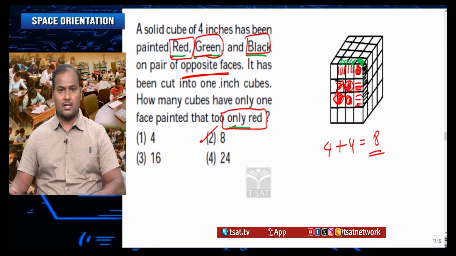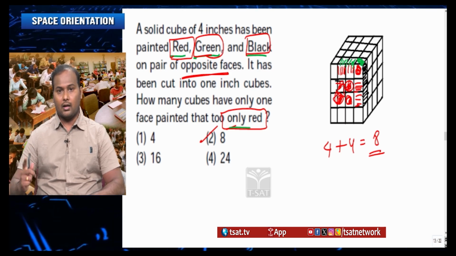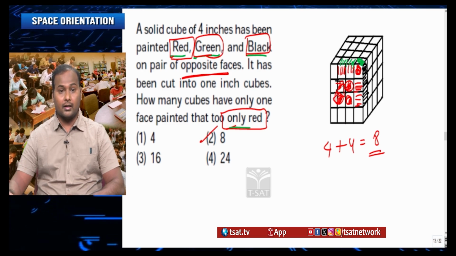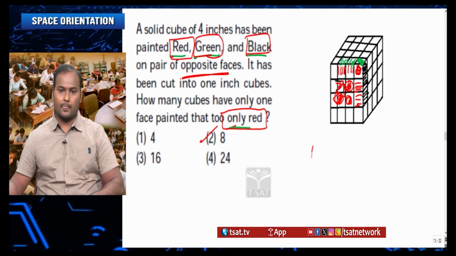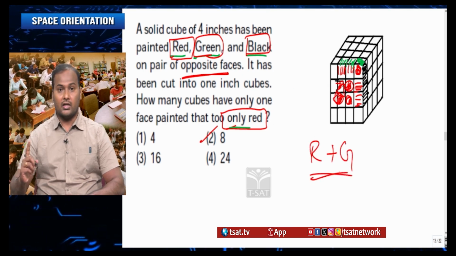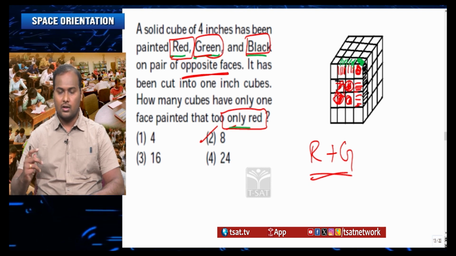If the same question is asking how many cubes with only red and green. If the question is like this: how many cubes with only red and green? When it's talking about only 2, red and green, you always have to take edges, because on edges we have 2 colors, on corners we have 3 colors.